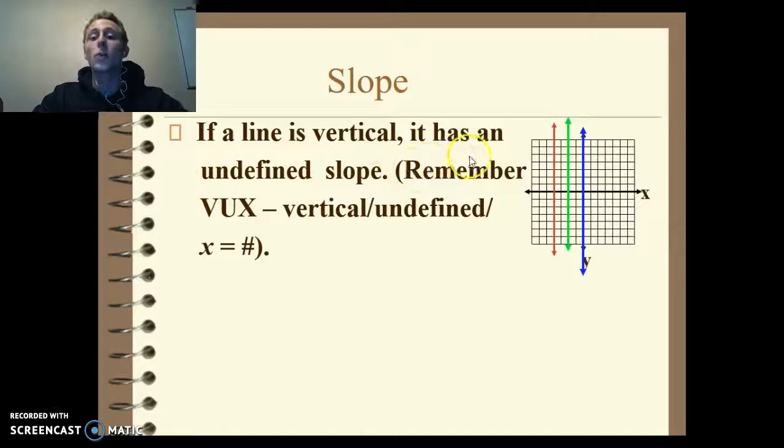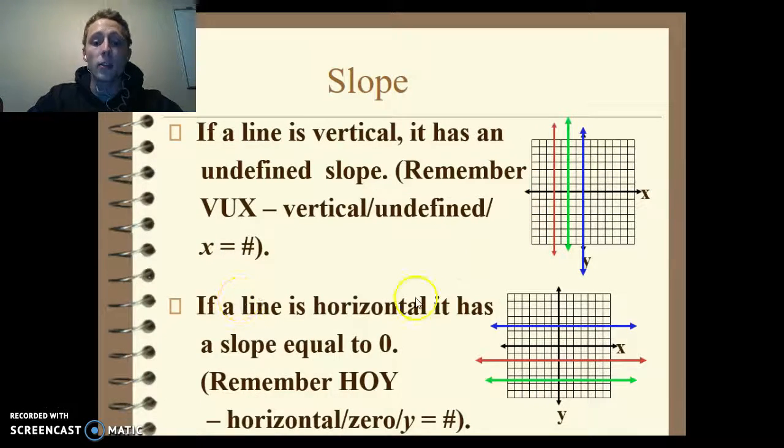A good way to remember this is the acronym VUX. V stands for vertical. If we have a vertical line, it is undefined, and our x is going to be the number. So our equation is going to be x equals whatever number that line is on for the x-axis. Now if a line is horizontal, that means its slope is equal to 0.